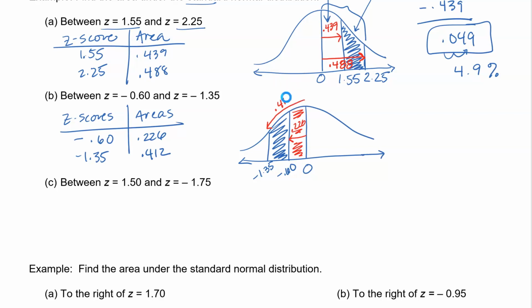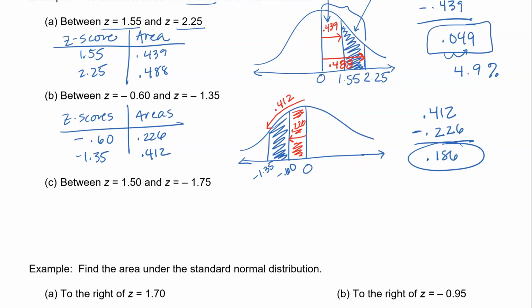Okay, and now I'm going to do what I did in the last example. I need to subtract, since I wasn't given the area of what I want to find, which is this blue shaded region. So I'm going to take the whole thing, 0.412, and subtract what I don't want, 0.226, to get what I do want, and I end up getting 0.186, which is the area of that red shaded region.